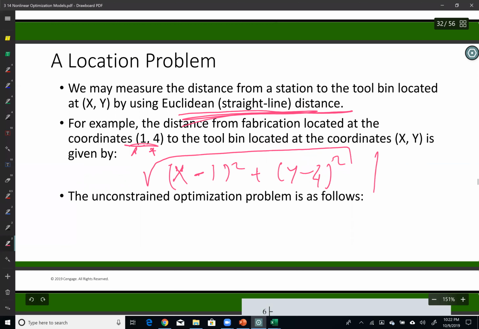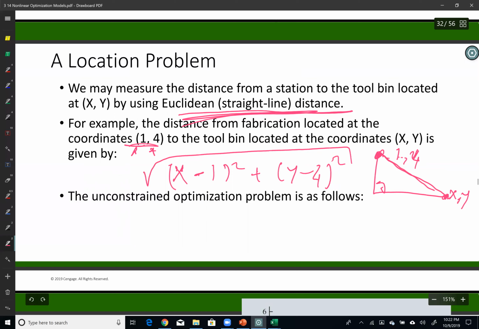This comes from the right triangle, with a 90-degree angle. If this location is your 1, 4 coordinate, I'm trying to figure out the distance from X, Y to 1, 4.